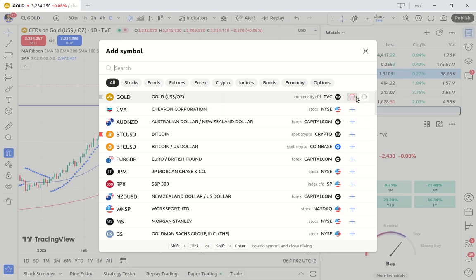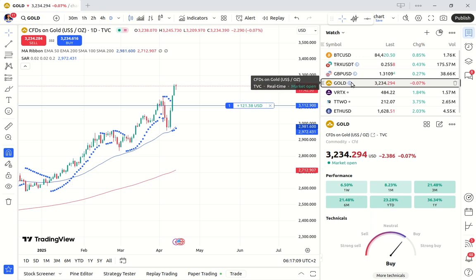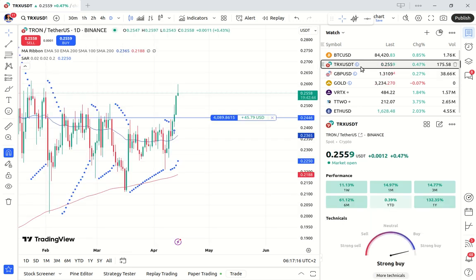All right, there we go. So it's the same. This strategy worked in the gold market. It works very well in the forex market, and it works super well in the crypto market.